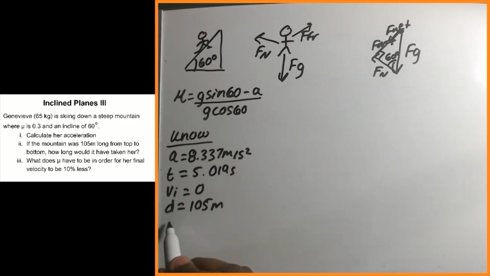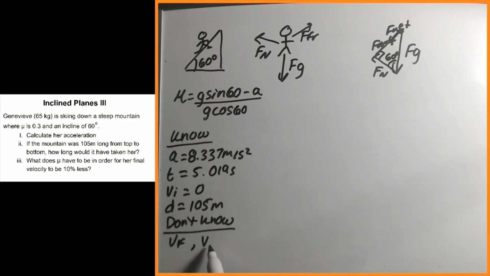And then what we don't know is the old velocity, and the new velocity, which is 10% less, so it's going to be 90% of that, and the new acceleration, AN. Okay, so first what we'll do is solve for VF and then solve for it where it's 10% less, and then find the acceleration and then plug that into here.